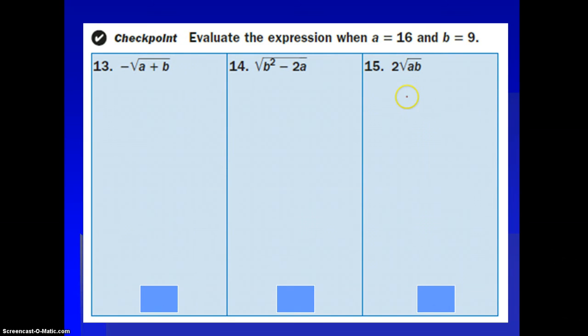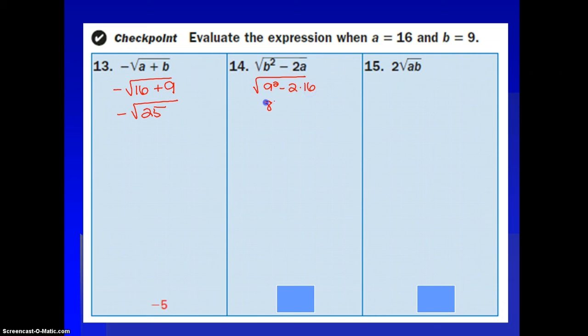I'm going to do these quickly with you so you have an understanding, or at least some of them. 13, negative square root, A is 16 plus 9. Negative square root of 16 plus 9 is the negative square root of 25. The square root of 25 is 5, and I only want the negative because of the negative outside. 14, square root, B is 9 squared minus 2 times 16.